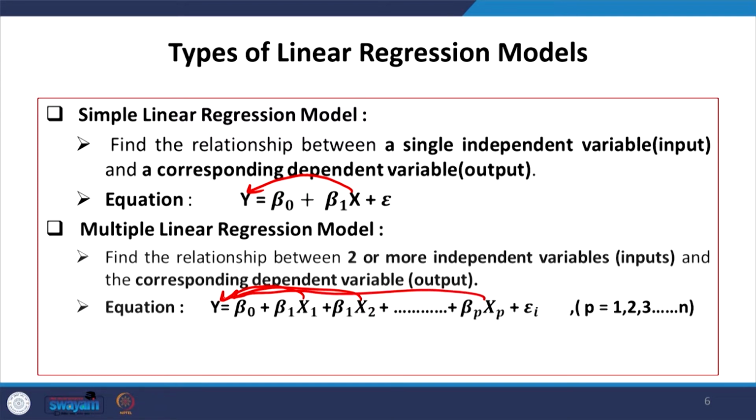So, that is why, even if we are saying x is in fact a vector of control variables. So, beta 1 x, the equation which we have mentioned here, is a kind of vector of dependent and independent variables.